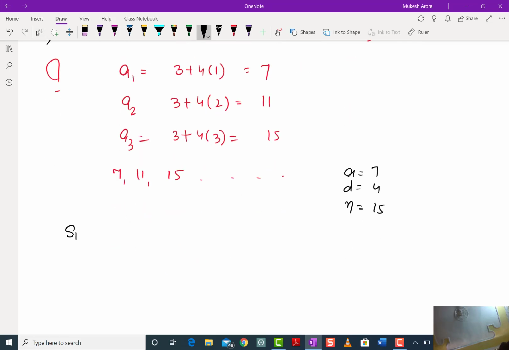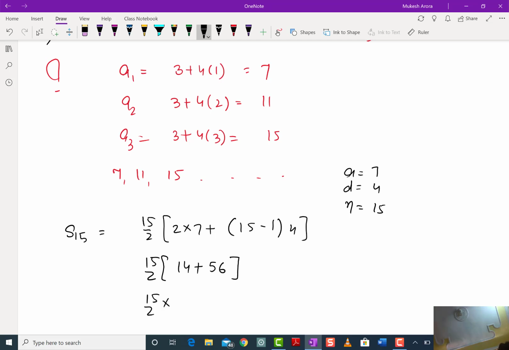S15 is equal to 15 by 2 into 2A plus 15 minus 1 into D. 15 by 2 into 14 plus 14 into 4, 56. 15 by 2 into 70, 35. 15 fives are 525.